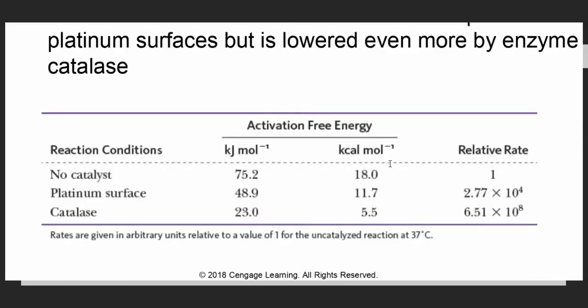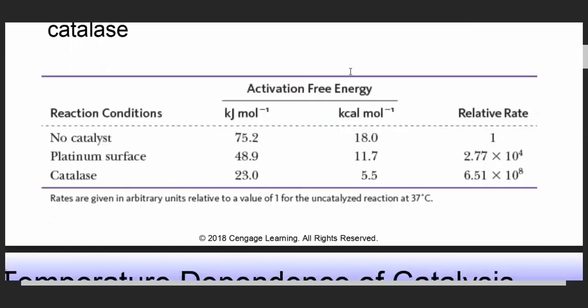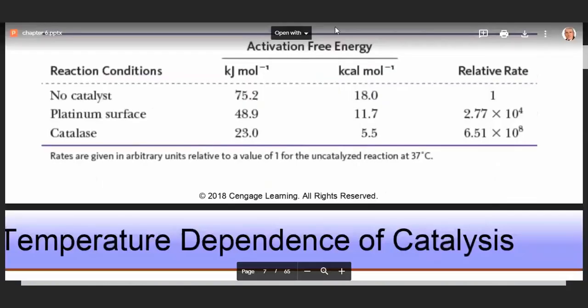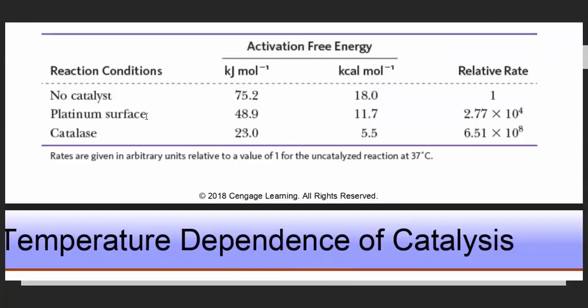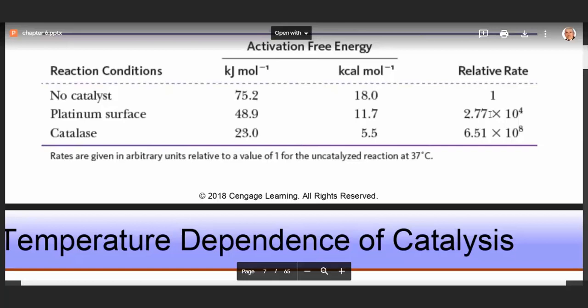Now, if we look at this table here, you see no catalyst, the activation energy is 18 kilocalorie per mole, the rate is 1. If we add a platinum surface, this is a catalyst, the free energy drops to around 12, and the rate increases by this factor.